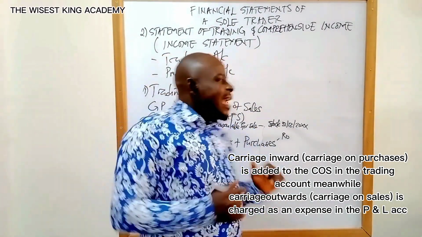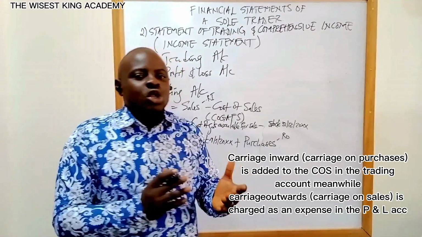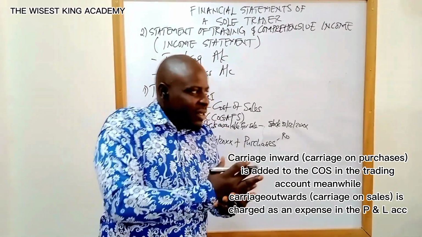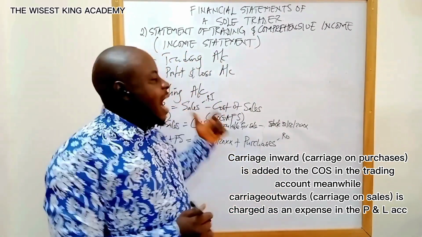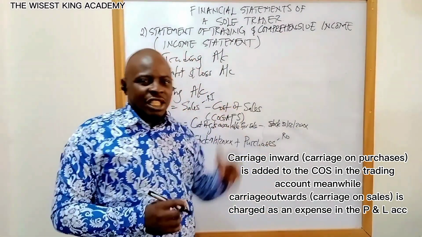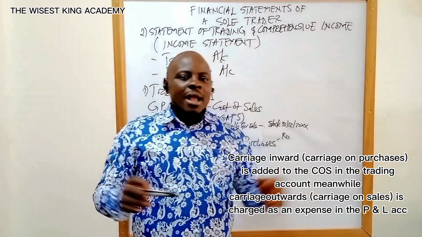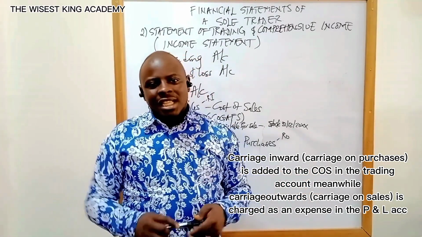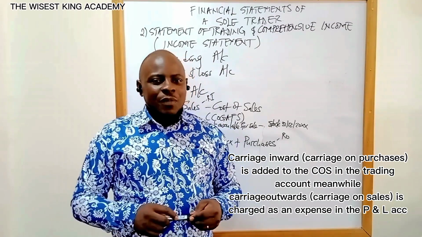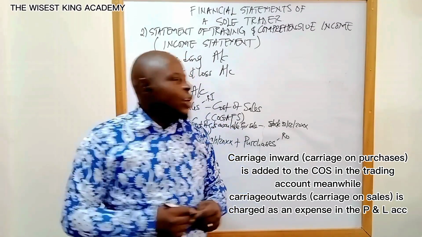So, carriage inwards, also called carriage on purchases, actually increases the purchase cost. So if we have carriage inwards, it is added in the trading account. Meanwhile, carriage outwards is charged as an expense in the profit and loss section of the income statement.